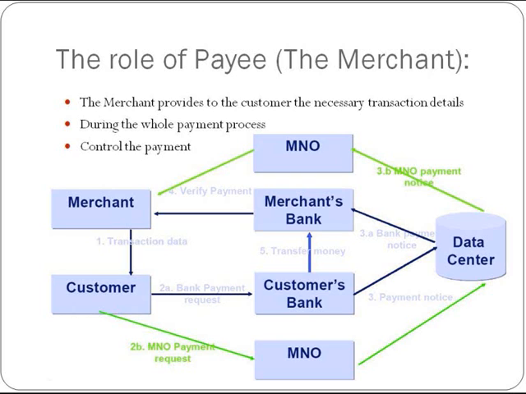During the final stage, after the customer's payment request has been processed by the customer's trust account manager, which can be either the bank or the mobile network operator, the merchant payment process advises the merchant in real time about the payment by forwarding the payment note.